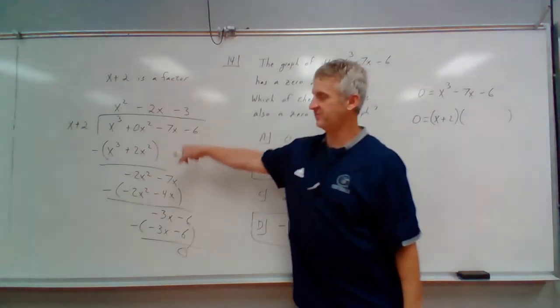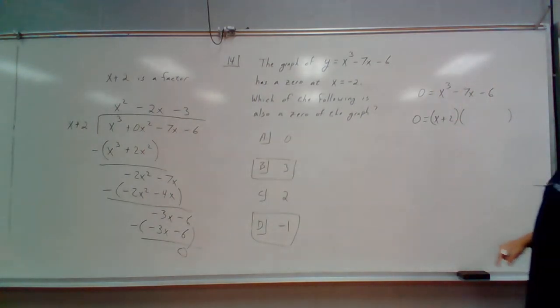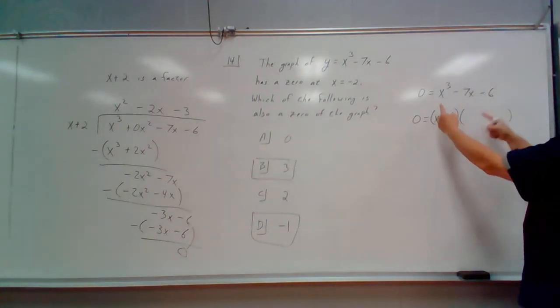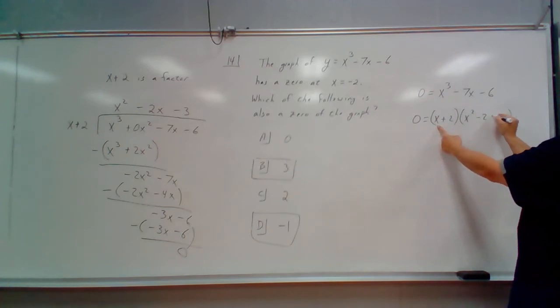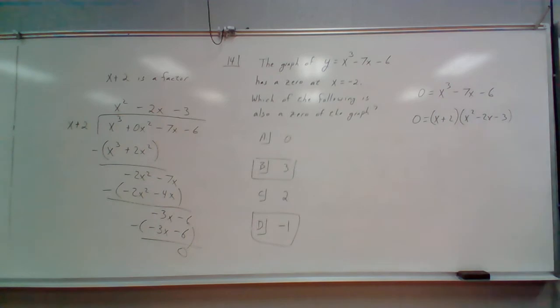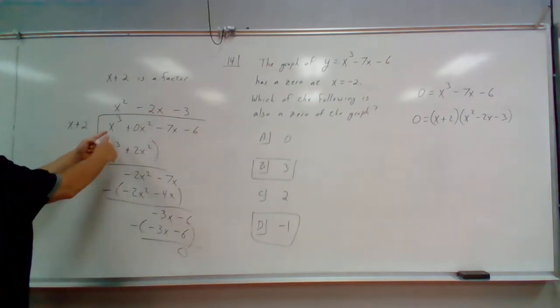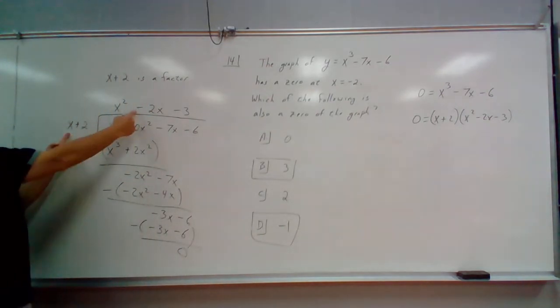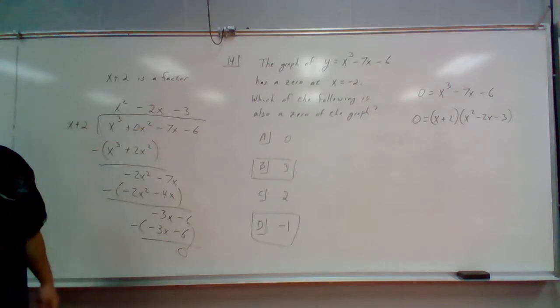We did this division to figure out what this was. So this factors as x plus 2 times x squared minus 2x minus 3. That's what it means to be a factor. And we did this long division and it all checks out. If this divided by x plus 2 is that, then this times x plus 2 has to be that.